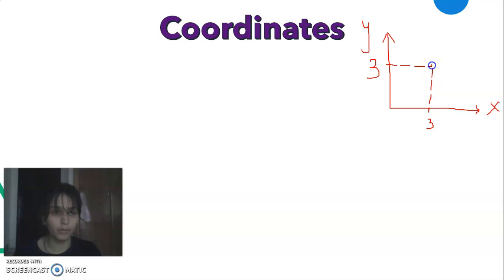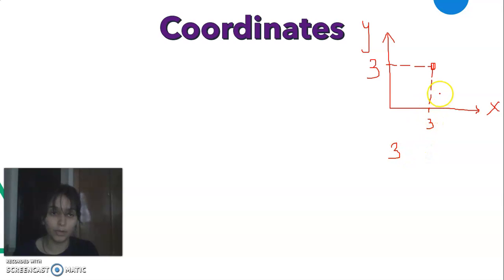Okay, now we want to read the position of this point. So to do that, all you have to do is first trace your pencil along this dotted line and find the number on the x-axis, which was 3 as we saw. Then you go back to the point and trace your pencil along this horizontal line and find the number on the y-axis, which was also 3.